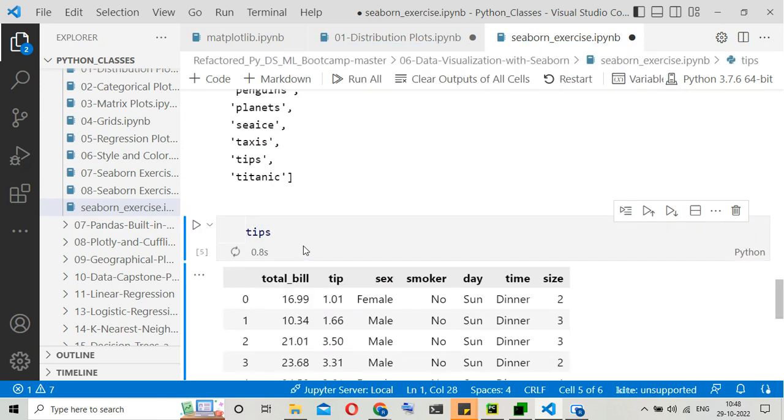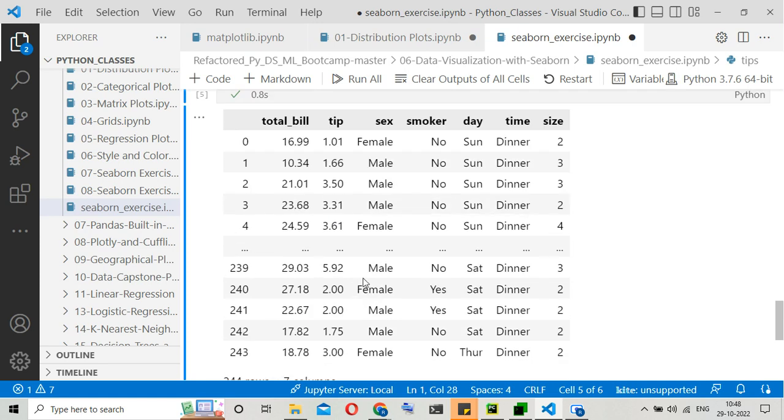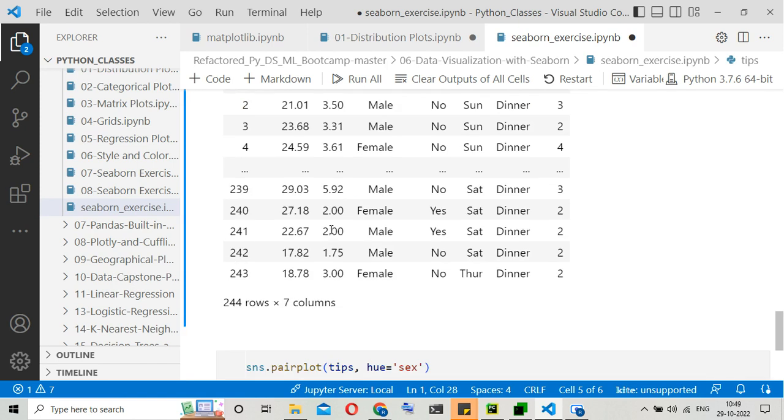This is some tips data: how much tip we are getting from people at a restaurant, who is actually coming, are they smokers or not, on which date, and did they come for dinner or lunch. So some correlation you want to find out, like whether females tend to give tips or not, something like that.